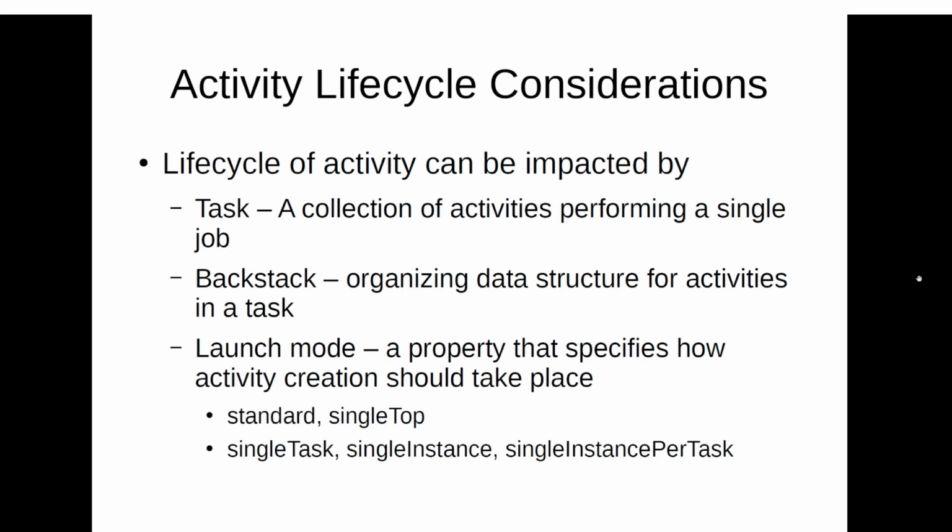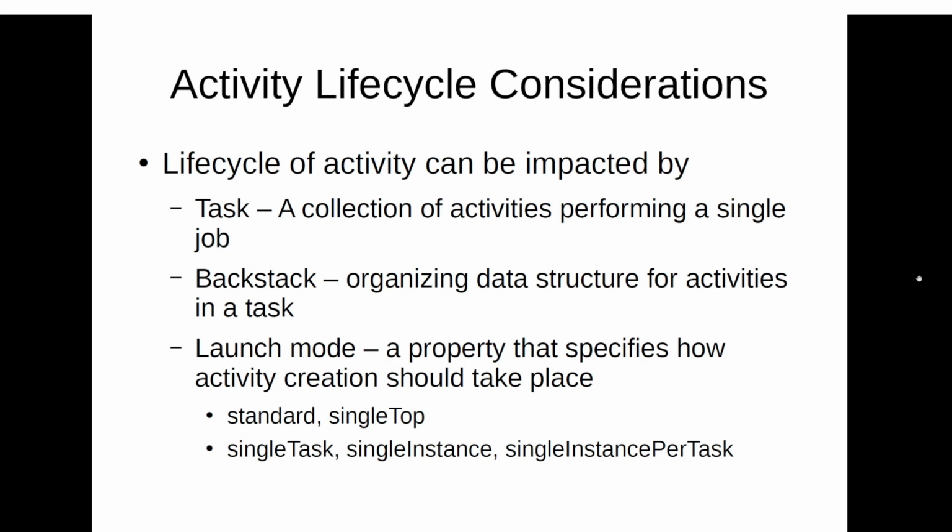Now, single task, single instance, and single instance per task apply really rigid restrictions on how activities can be created. Single task and single instance, as the names suggest, facilitate the creation of only a single instance of an activity, where single task allows for a single instance but allows that activity to be placed in a stack with other activities, whereas single instance says not only can there only be one instance of this, but it must be in its own task and its own stack.